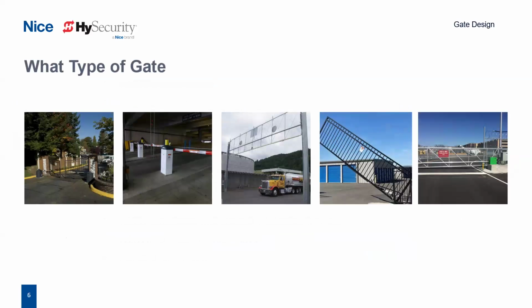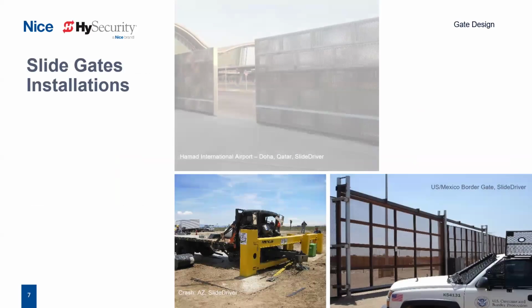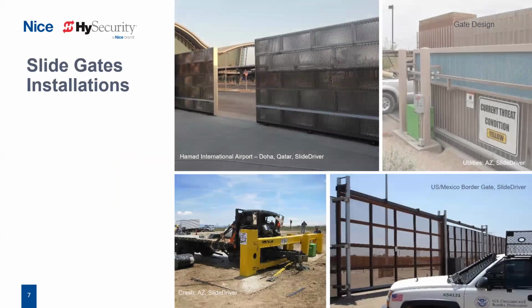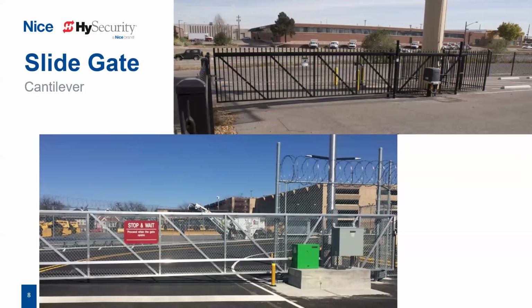Next is what type of gate works best for your site. There are lots of options to choose from that we're going to cover today. There is a ton of slide gate installations out there, and here are some nice photos of some of them. Typically, slide gates are going to fall under 1 of 2 categories, either cantilever, as shown here.